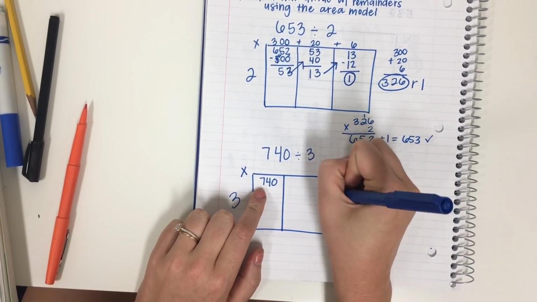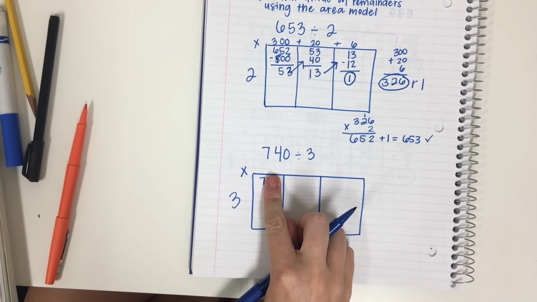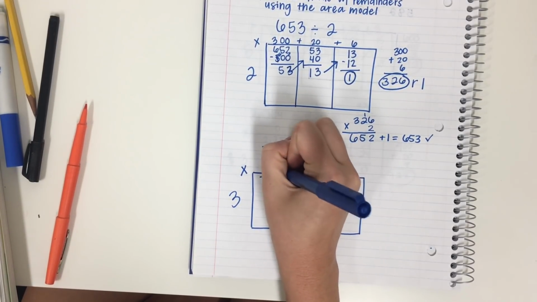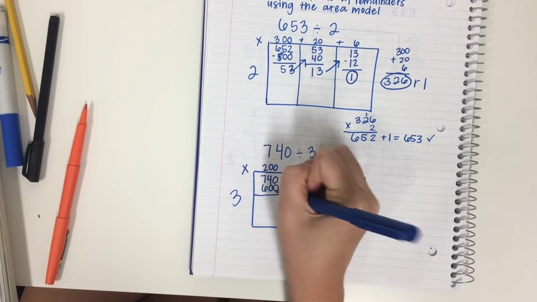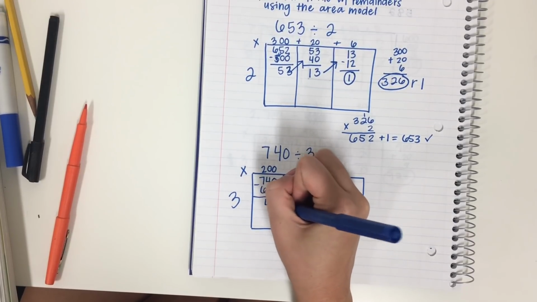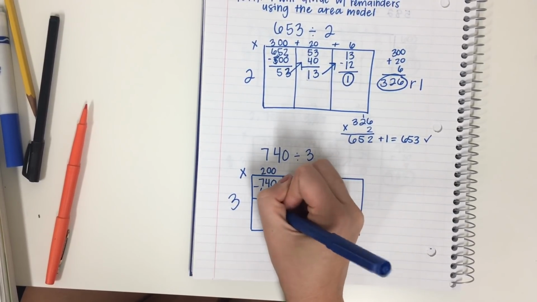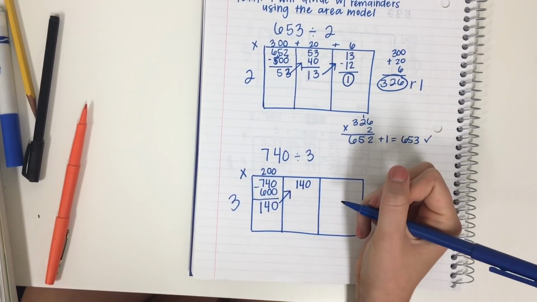1, 2, 3. Okay. How many times can 3 go into 7? 2 times, right? So we got 200, which gives us 600. Find the difference. 0 minus 0 is 0. 4 minus 0 is 4. 7 minus 6 is 1. Bring that number out. We got 140.